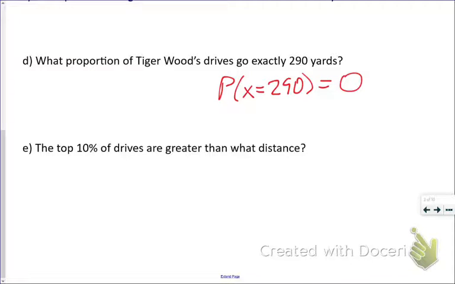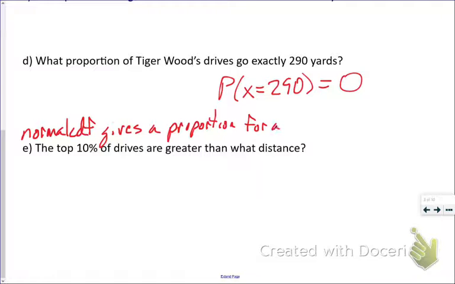All right, we have a backwards problem. Normal CDF, let me write this down for you. Normal CDF gives you a proportion for an answer. I already have a proportion on part E. So I need to work backwards from what I've been doing. There's a function right below normal CDF called inverse normal.